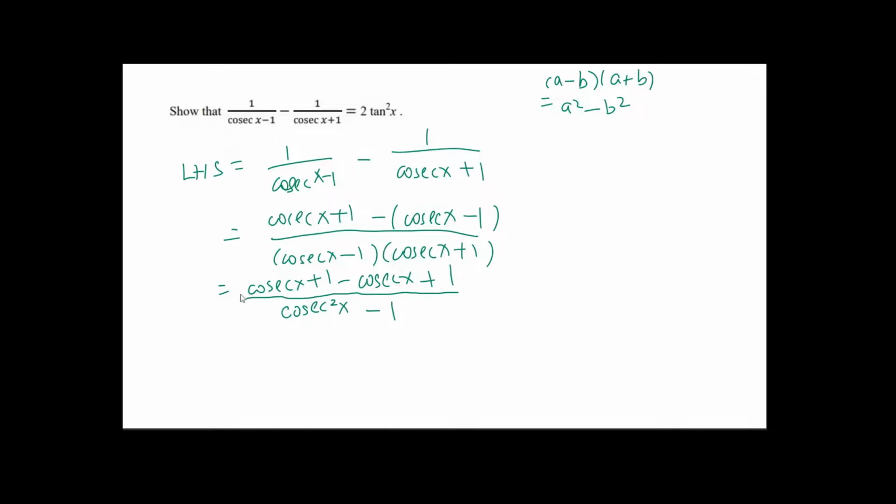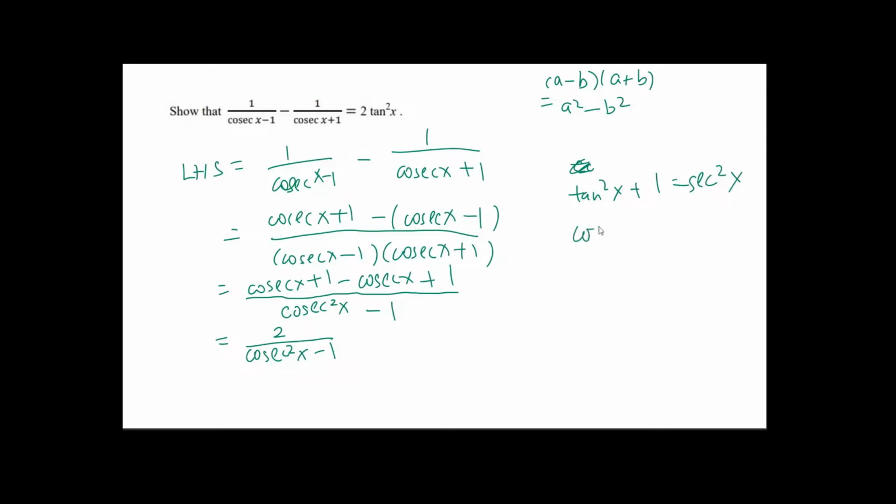Now cosecant x minus cosecant x, so I got rid of the cosecant x. 1 plus 1 is 2, so I have 2 here. Then I have cosecant squared x minus 1. I need to change it to tangent squared. There is an identity in your formula booklet that says tangent squared x plus 1 equals secant squared x.